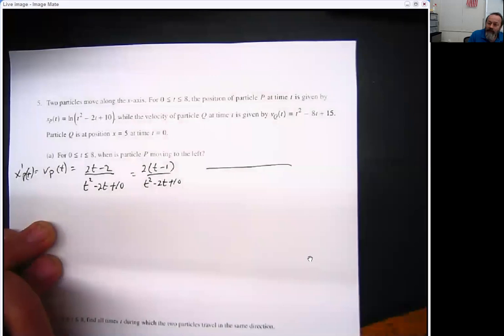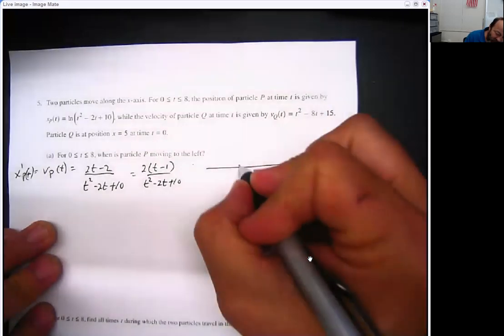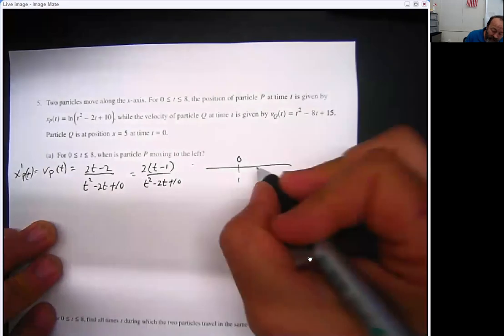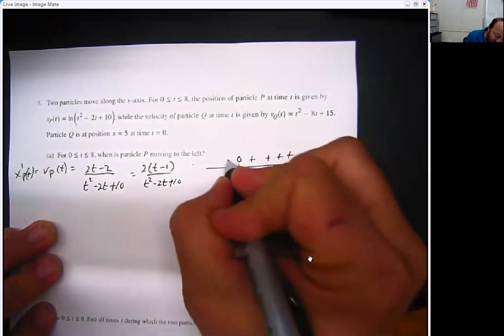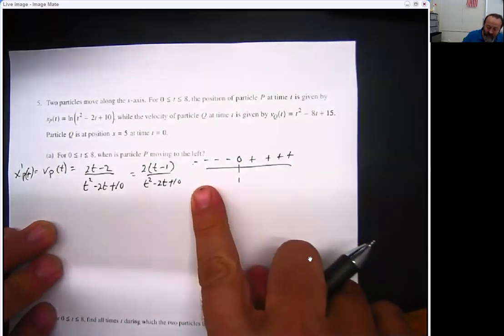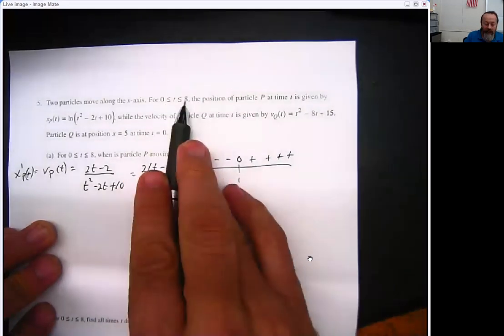So effectively, if I make a little graphic organizer, I know that this velocity hits 0 at the number 1, and any value above 1 became positive, and any value below 1, even all the way to negative infinity, was negative. But this graph only is valid from 0 to 8 seconds.